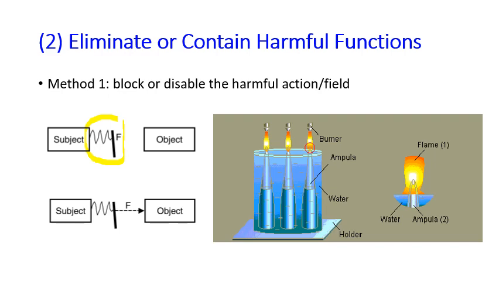So to block the harmful function from the heat of the burner, we put the ampoule in water. The water will absorb the excess heat from the burner, such that the heat will only seal the tip of the ampoule, but it will not travel far enough to decompose the drug inside the ampoule. So using this way, we're blocking the harmful effect of the heat from the burner.